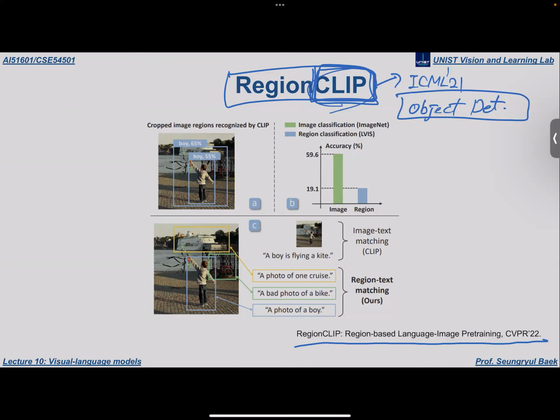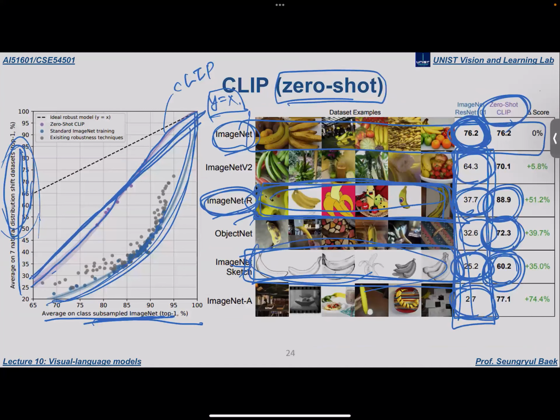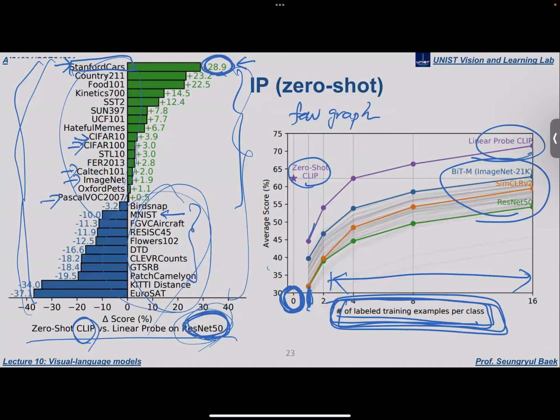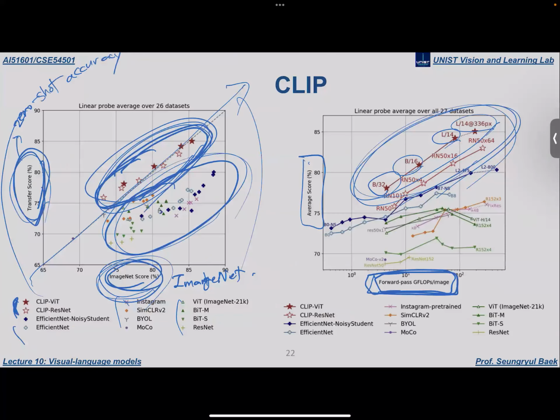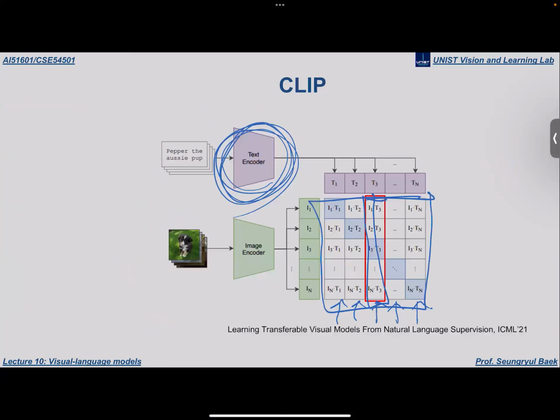The experiments used for CLIP were all classification data, so CLIP encodes the whole image as the feature. This ResNet or ViT encodes whole images as the feature, so whole images are input to the image encoder.